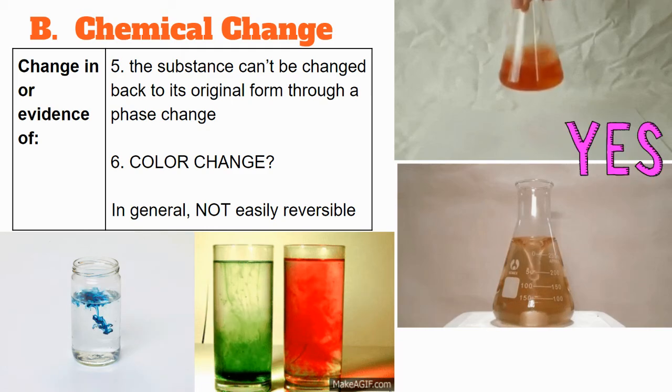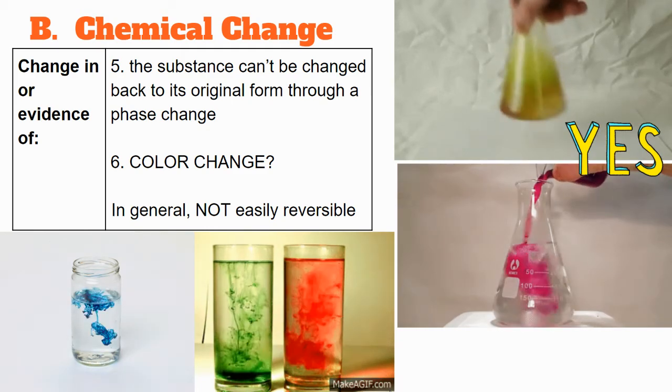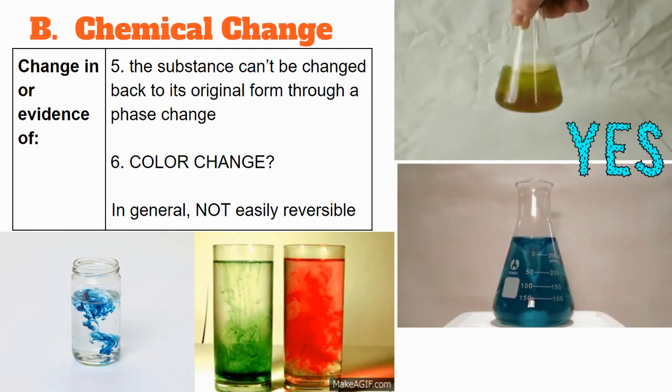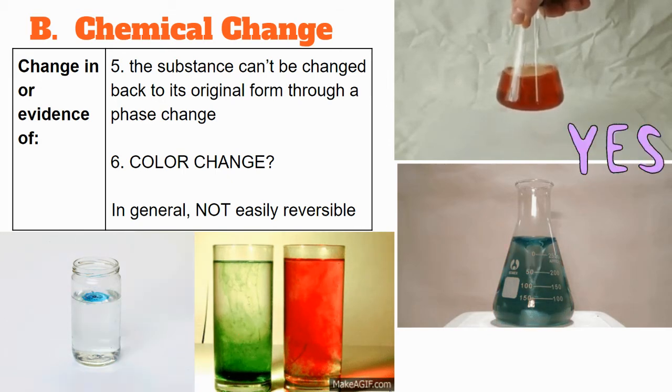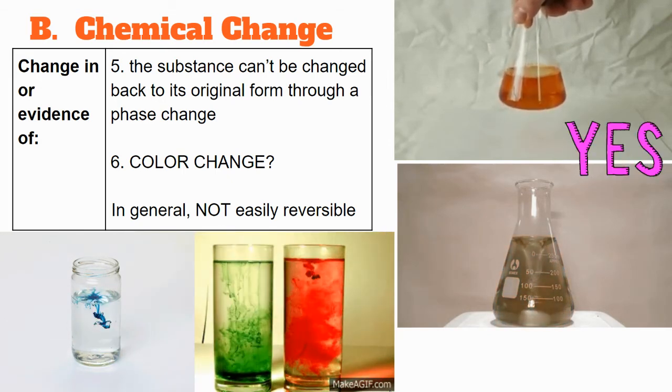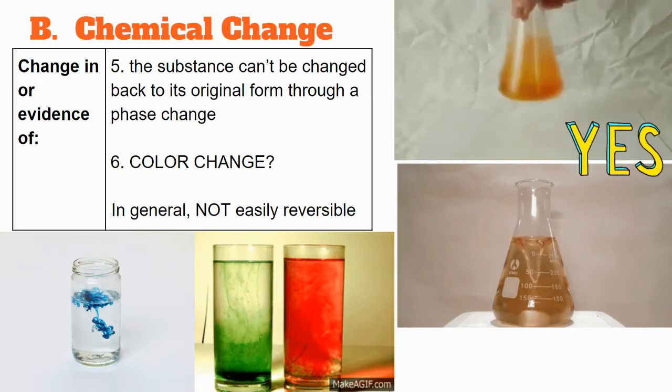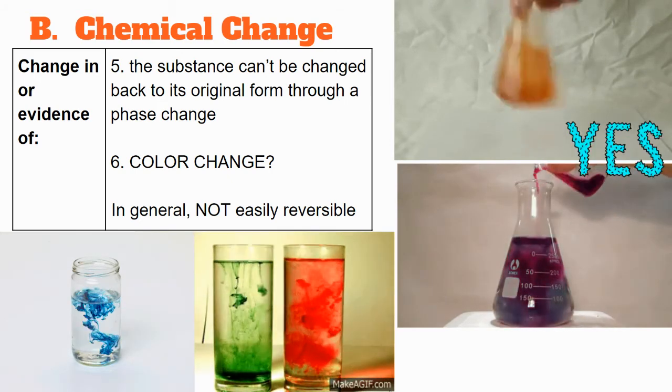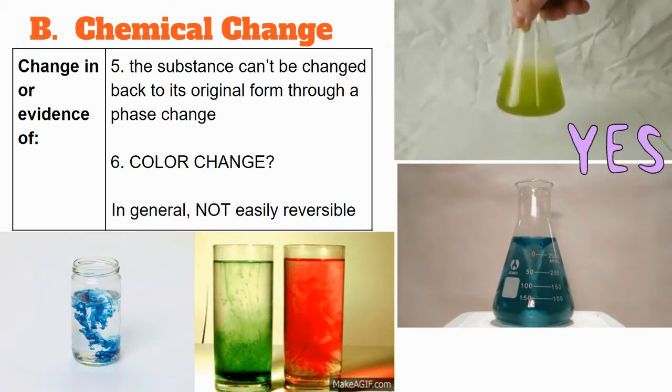In the top one, it's changing color because it's reacting with some of the gas in that container. In the next one, it's reacting, and we're not just getting a pink and a colorless thing, but we're getting a different colored solution as a result.